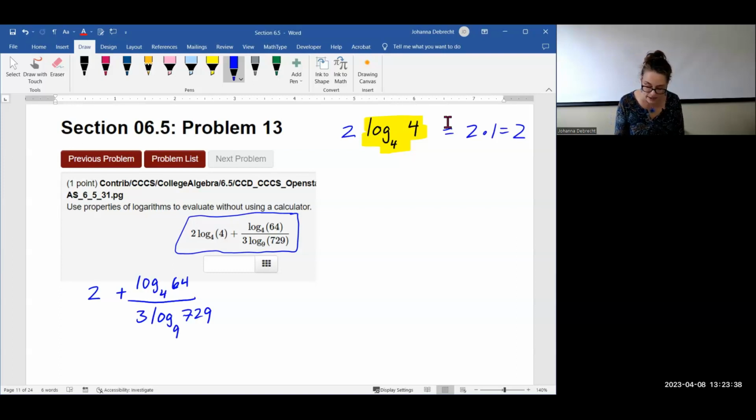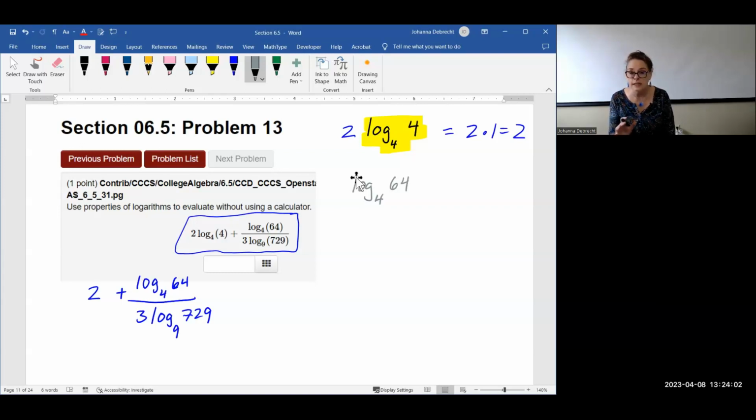So now let's take a look at log base 4 of 64. I'm going to isolate the numerator of the second term. So I have log base 4 of 64. Well, I don't have a coefficient this time other than 1. But the question is, can I write 64 as a power of 4? It's a power of 2, but is it also a power of 4?